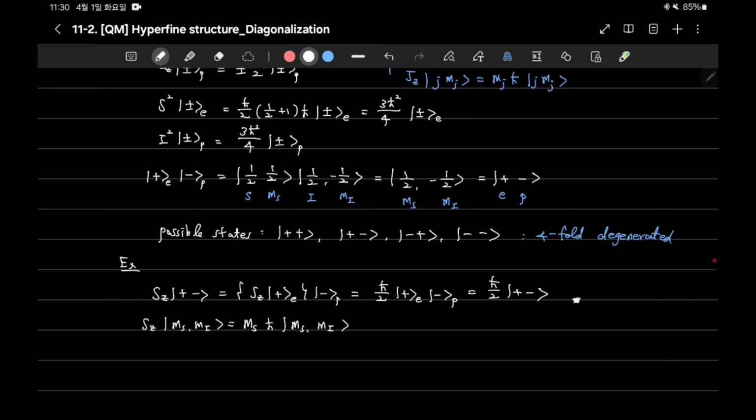The Sz acts on the electronic spin, while Iz acts on the isospin and gives mi ħ times |ms, mi⟩. Here ms is plus or minus 1/2, and mi is plus or minus 1/2.